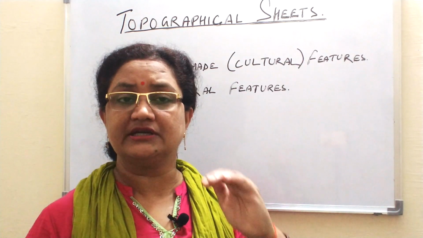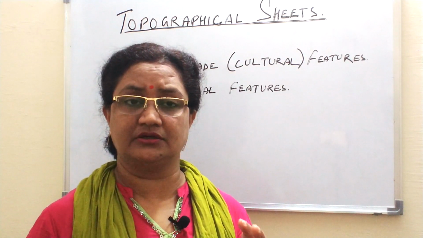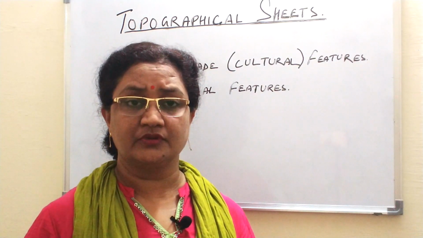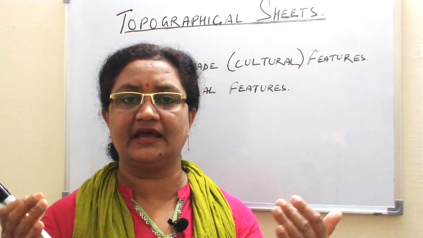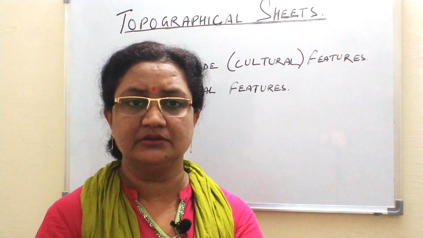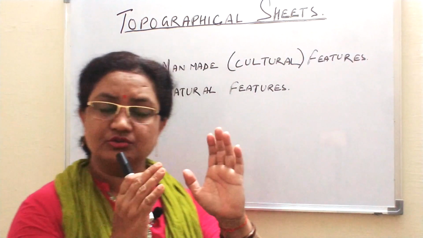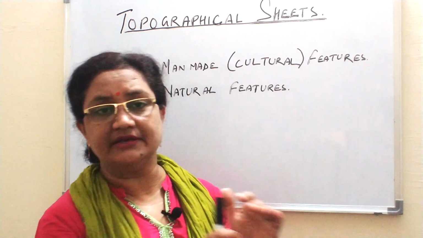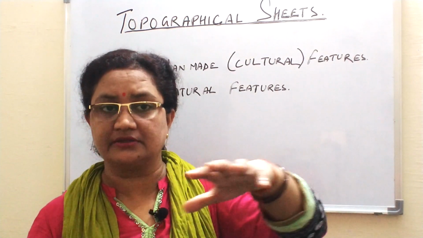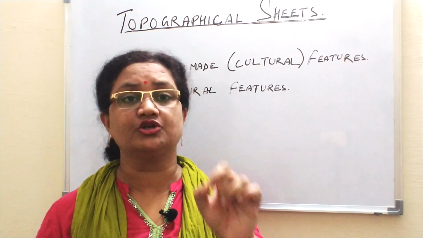They used different conventional signs, different alphabetical symbols, and different colors. Taken together, these made it possible to show all the cultural as well as natural features in one map. And that is the topographical map.